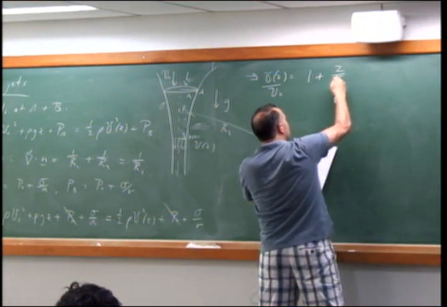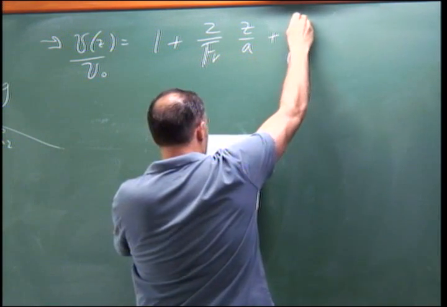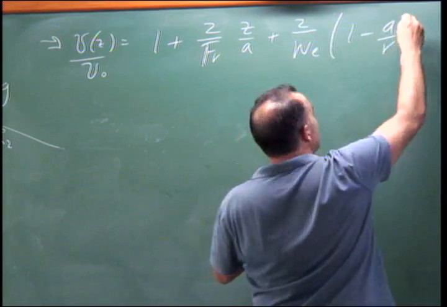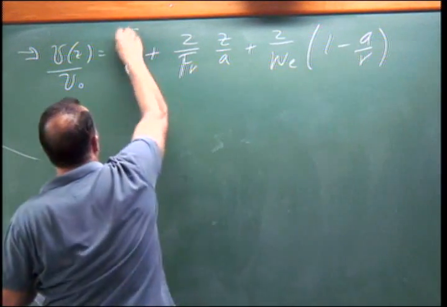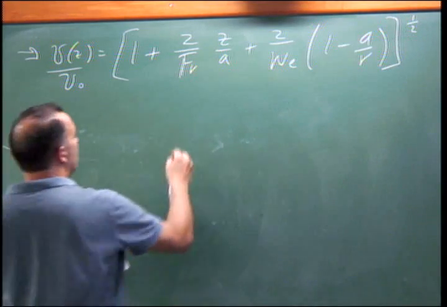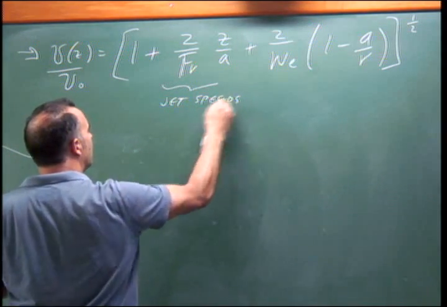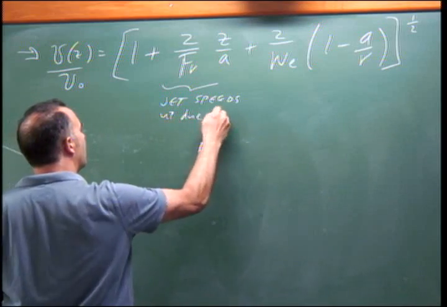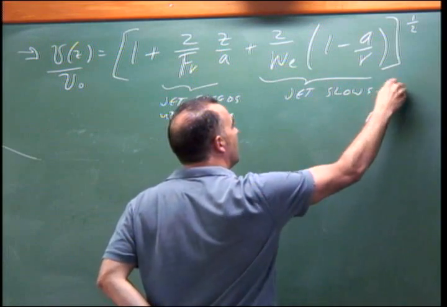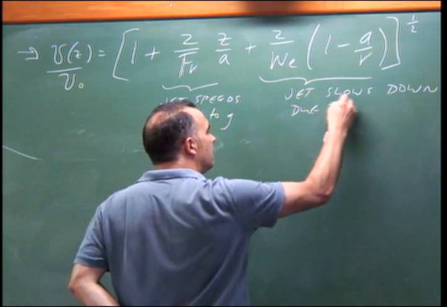And then you see Z, A. So this is saying that this is speeding up due to gravity, and this is slowing down due to the surface tension.